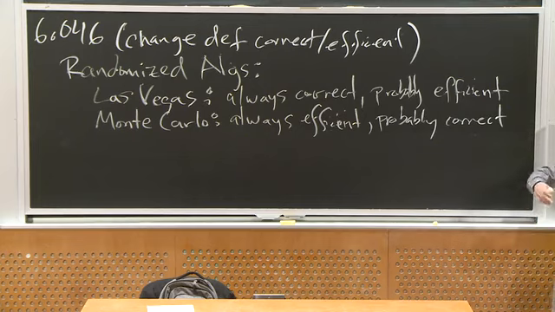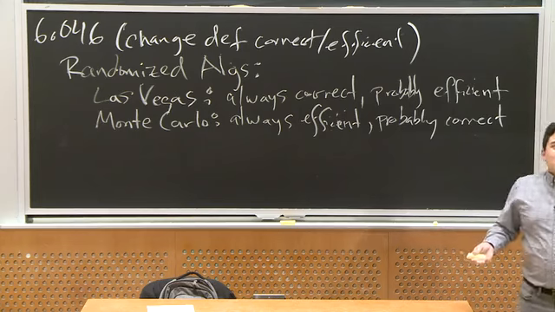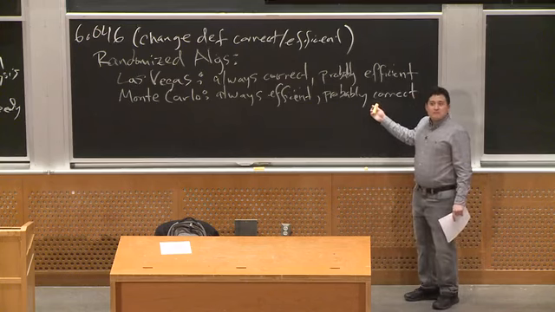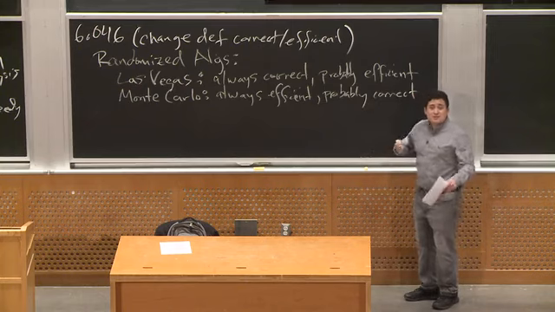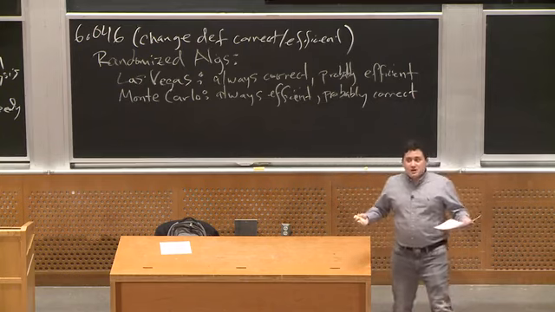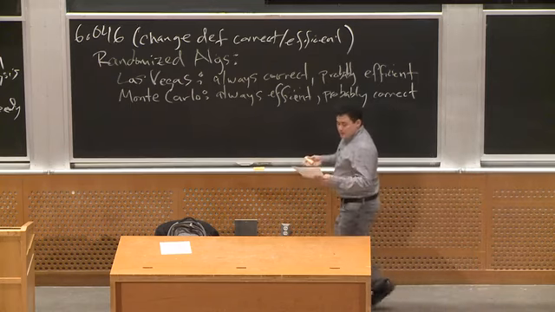And so that's a different kind of trade-off. Maybe I want my hash tables to always be fast, but I can afford to be wrong some of the time. In practice, this is actually sometimes a good trade-off in real systems. Sometimes it's okay to be wrong some of the time if we get good performance.